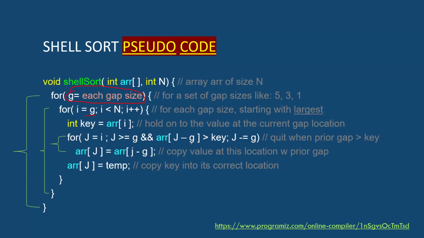I've woven the G into the classic insertion sort code so that we're doing an insertion sort, but by hopping over those interleaved sections, whatever the particular current gap size is. And normally we'll be told the gap size when we start out our sort. Someone will say, okay, we're going to use these gap sizes for that value of n, but maybe we have to calculate it, but we're leaving that out of the pseudocode here.